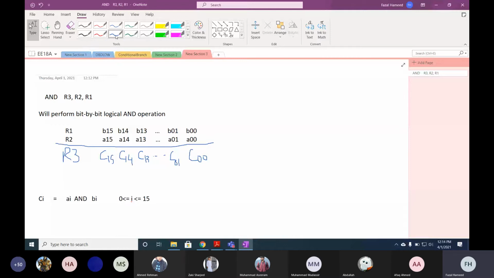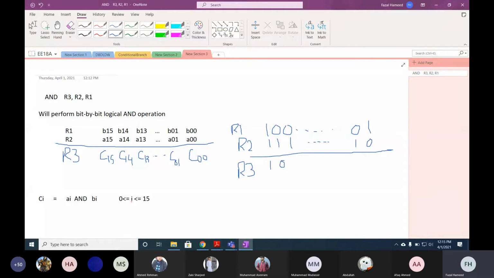Now let's assume the contents of R1 are 1, 0, 0, and so on, 0, 1, and the contents of R2 are 1, 1, 1, and so on, 1, 0. What will be the contents of R3?